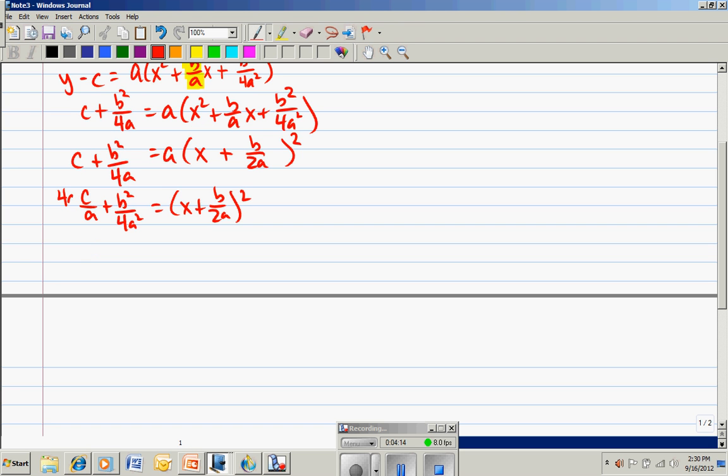The only way I can do that is if I have a common denominator. My common denominator would be 4a squared, so I'll multiply the top and the bottom by 4a squared. This is actually negative c. So I've got negative 4ac plus b squared all over 4a squared is equal to x plus b over 2a squared.